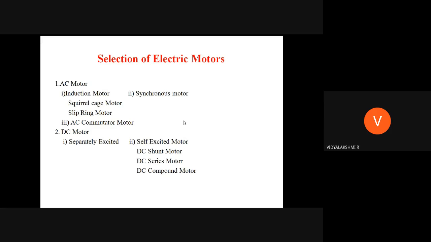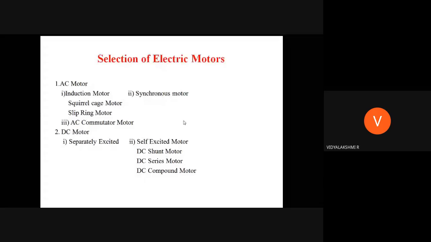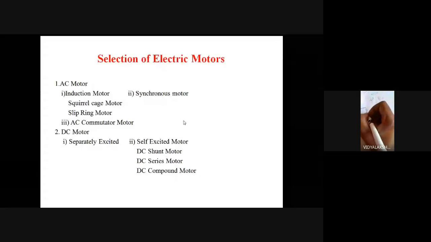Then you can understand what is a shunt and series motor. If it is not clear, once I draw and then explain, you will see what the shunt motor and series motor are.